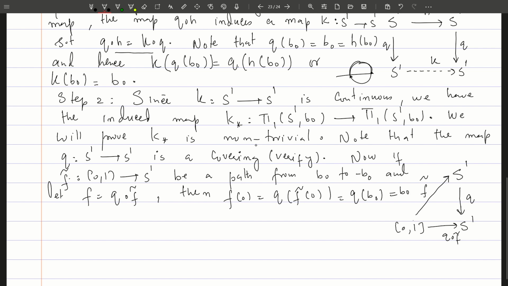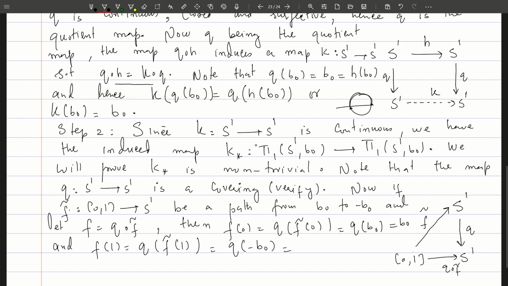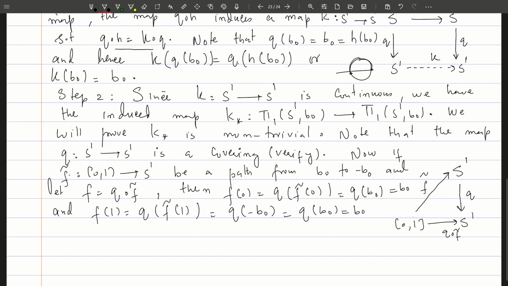And f of 1 is q of f tilde of 1, and f tilde of 1 is the same as minus b naught, because f tilde ends at minus b naught. So this is q of minus b naught. But q being the square map, I mean q maps z to z squared, so q of minus b naught is the same as q of b naught, and q of b naught is b naught. So this means that this f is a loop in S1.